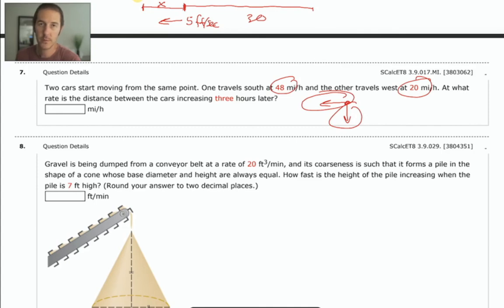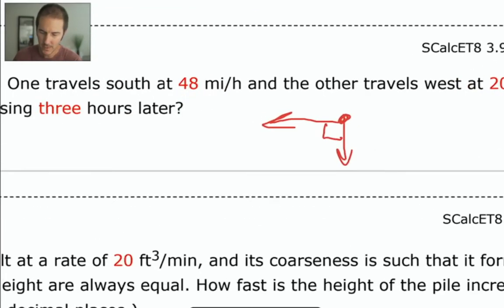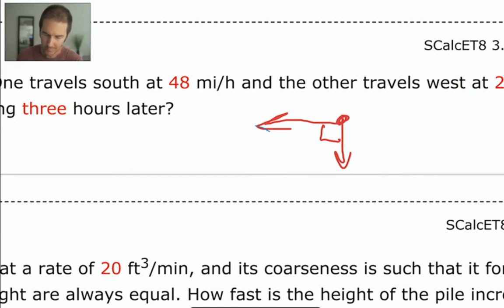You've got two distances, and you have the rates of change of those distances. And we want to know the distance between the cars. Wow, if one's going south and one's going west, I feel like this is probably a right angle. And the distance between the two cars looks a lot like a hypotenuse of a right triangle, doesn't it?